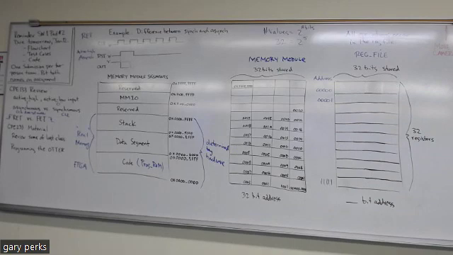We have these load instructions: load word, load half word, load byte. These are the signed ones. There are also the ones for unsigned that have the U, and what I'm about to say applies to those as well. Then we have store word, store half word, and store byte.